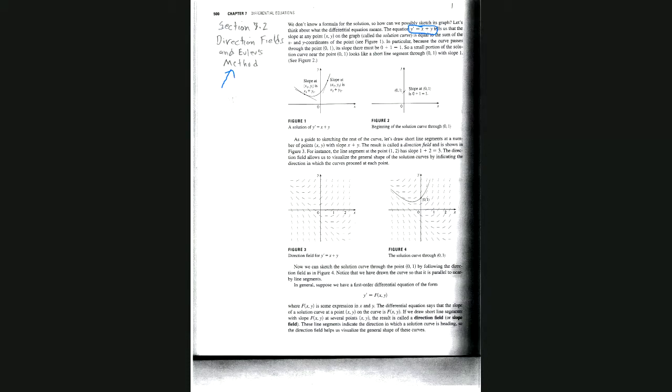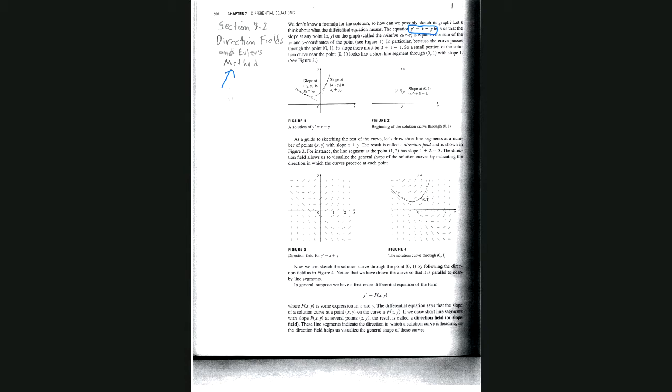Well, we know what its derivative is, because we're told that y prime equals x plus y. So if you give me any coordinate x, y, I can find the derivative at that point, which is the same as finding the slope of a tangent line to the solution at that point.